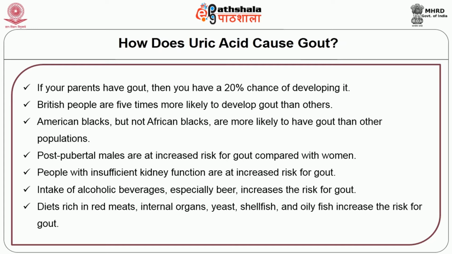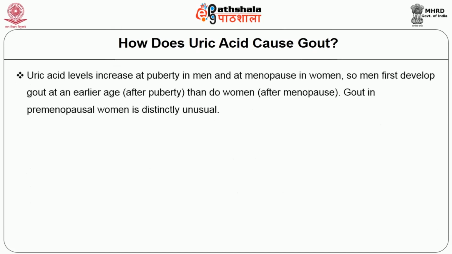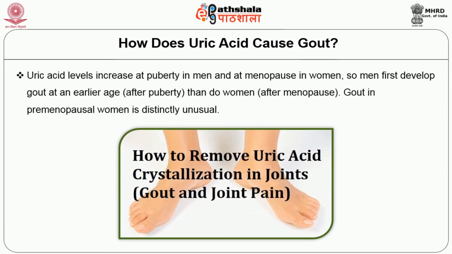Uric acid levels increase at puberty in men and at menopause in women. So, men first develop gout at an earlier stage, that is after puberty, than women, who have more chances after menopause only. Gout in premenopausal women is distinctly unusual.